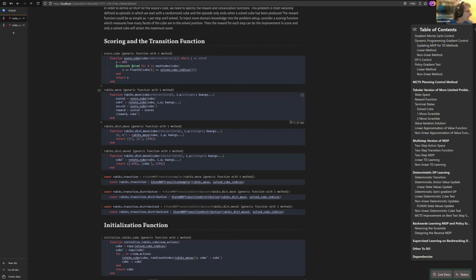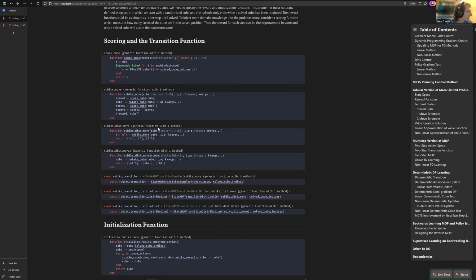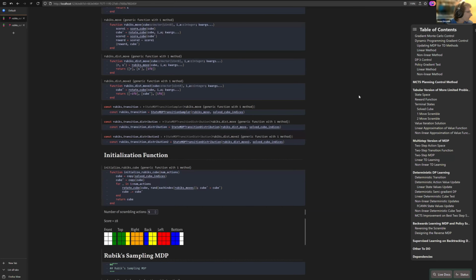I can also have a version that just gives a reward of -1, which I'm going to make later. But we can try different versions of it. The most basic version we're going to work with is to give a reward of 1 for solving the cube, and then treat it as a discounted problem.